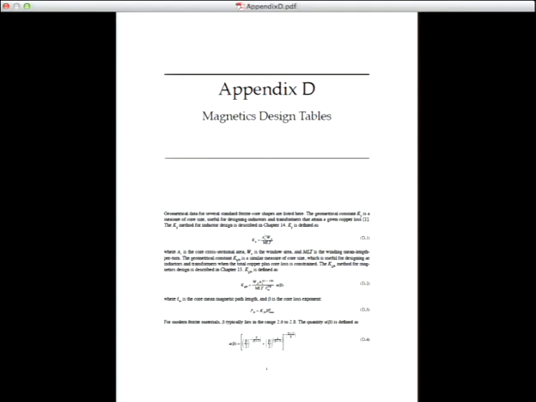KFE is the constant in the core loss equation, and KFE really is not in this appendix. KFE is a function of the core material rather than the core geometry. So what this appendix is doing is listing different ferrite core shapes and how big they are, what all their dimensions are.